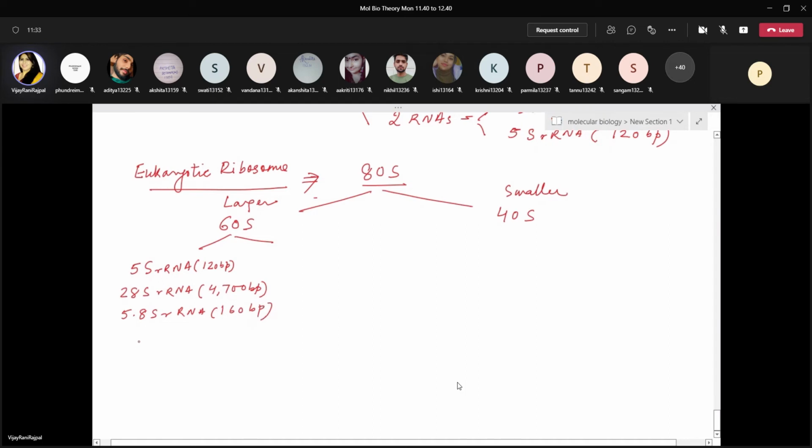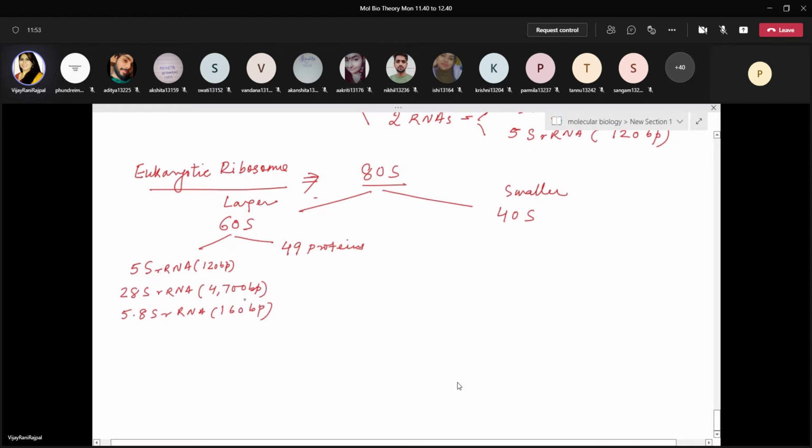So these are the 3 ribosomal RNAs, but along with this, 49 different proteins participate in the formation of the larger subunit of the eukaryotic ribosome. So you can imagine how huge the ribosome is, how big the molecular mass is going to be.